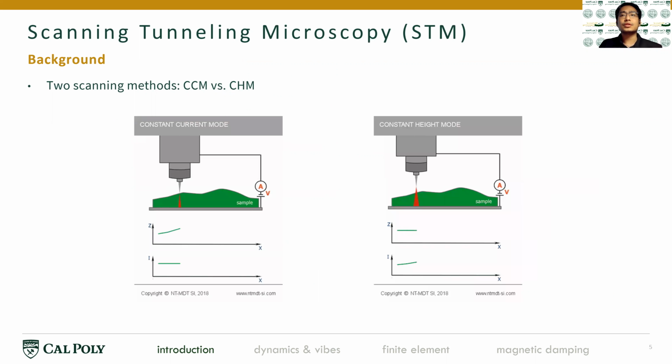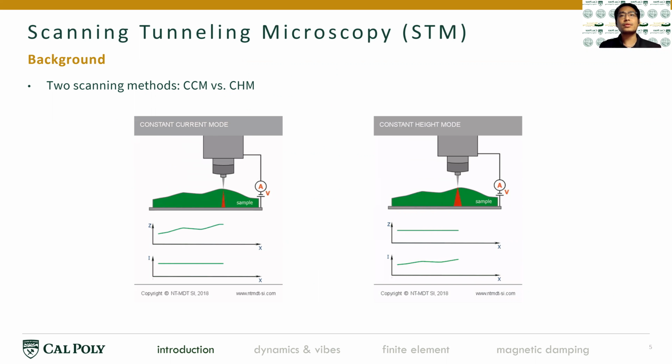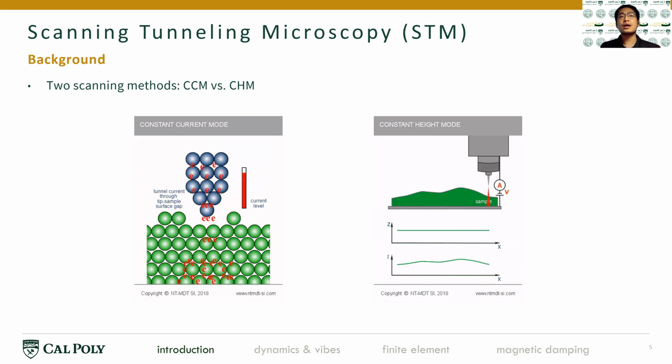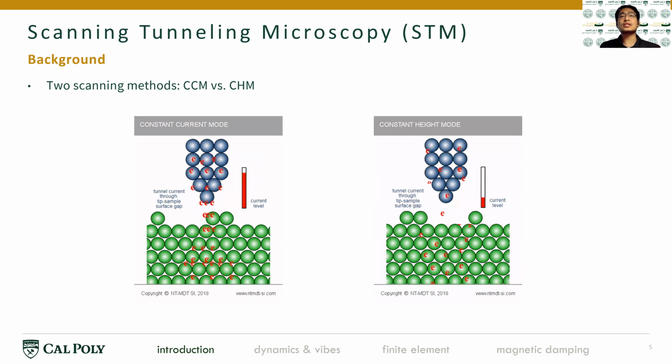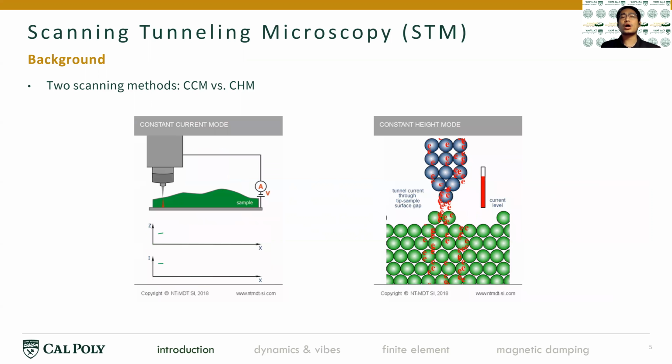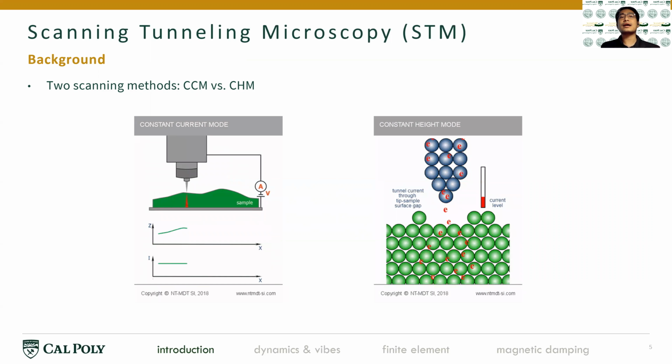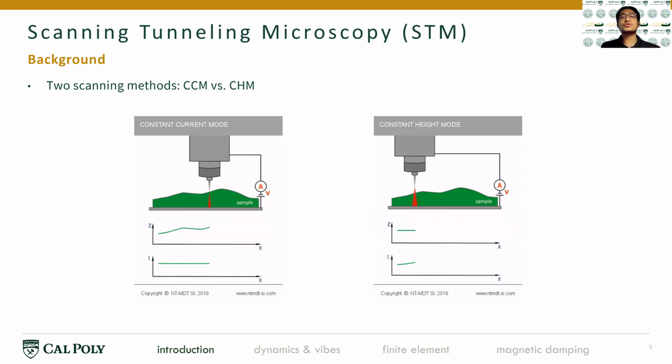The two animations we show here, called the constant current mode and constant height mode, show two modes typically used for an STM. As the name suggests, the constant current mode keeps the current constant and lets the height of the tip to the sample vary.